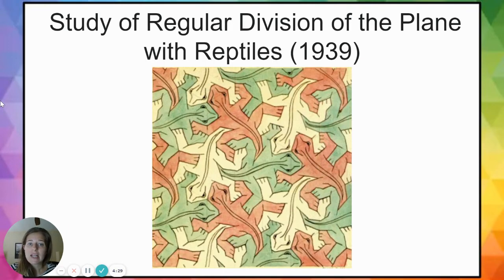This is called Study of Regular Division of the Plane with Reptiles. So this is another example of tessellations. You can see that each reptile fits perfectly in space with another reptile. They're like puzzle pieces. He uses this artwork in many other artworks as well.